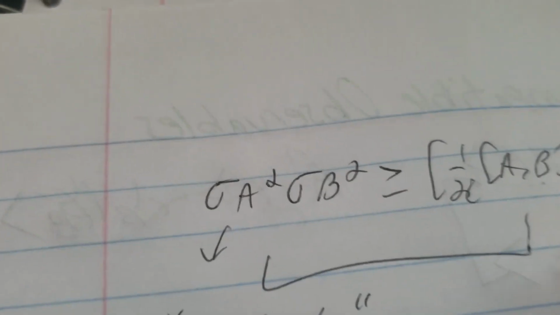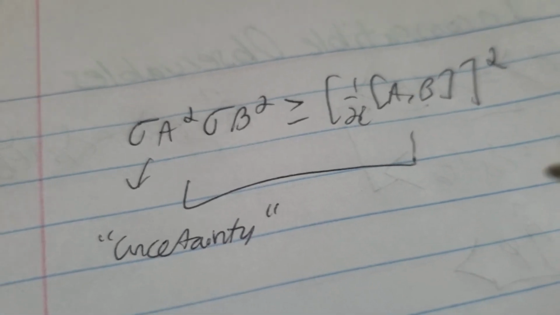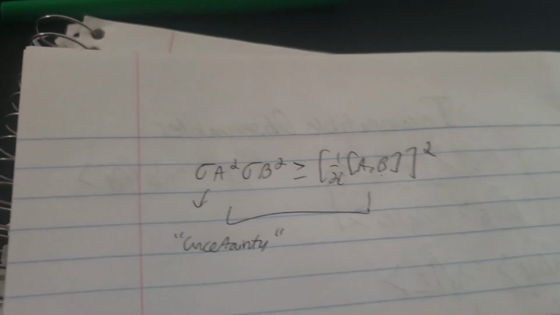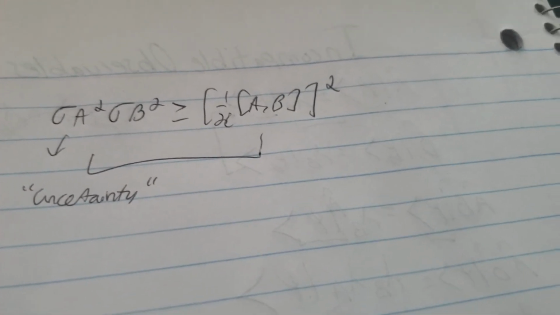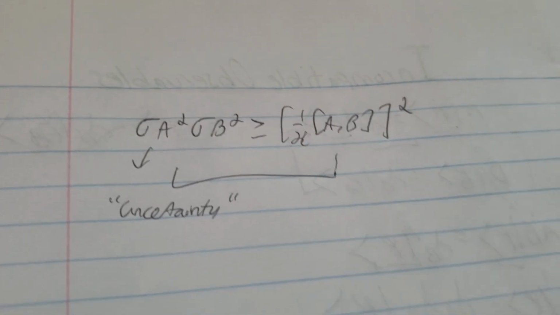And I'll show that in another video on the probability interpretation of quantum mechanics at some point. But yeah, I thought it would be a good idea to go over incompatible observables, because the concept is important to the development of our theory of angular momentum in quantum mechanics.